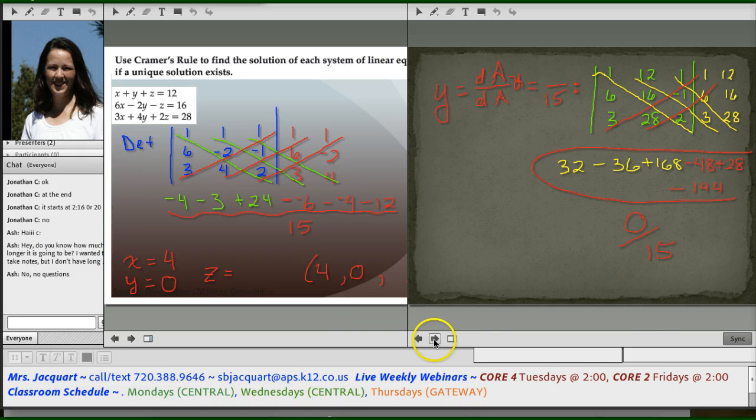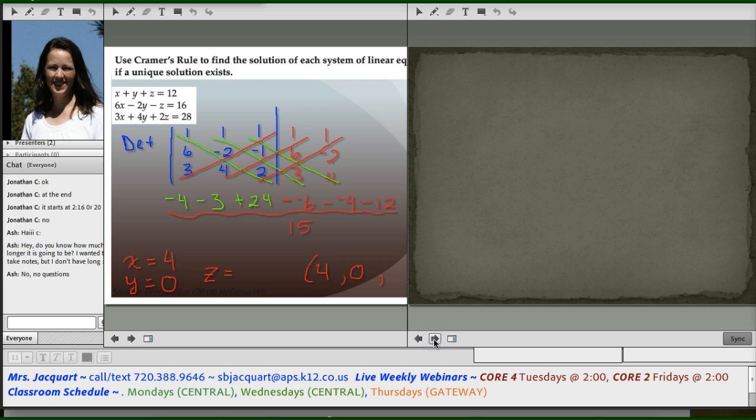And then let's go to z. So we're just going to rewrite, this is going to be all over 15. 1, 6, 3, 1, negative 2, 4, and the equals guys, 12, 16, 28. Be nice to yourself, add the 2 columns. We're just going to multiply.